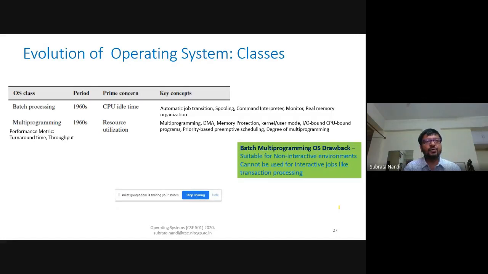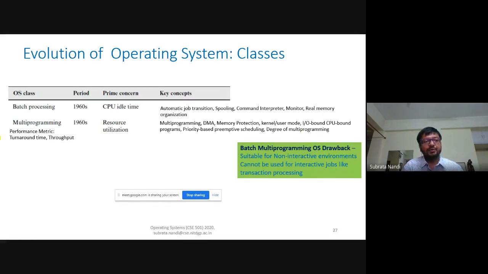So that's a kind of operating system which is a modified version of batch processing. It's called batch multiprogramming. It was in the late 60s. The prime concern was resource utilization. Resource here means both CPU and IO, and several features or concepts were introduced: multiprogramming, DMA, memory protection, user and kernel mode, IO bound and CPU bound programs, priority based preemptive scheduling, and degree of multiprogramming.